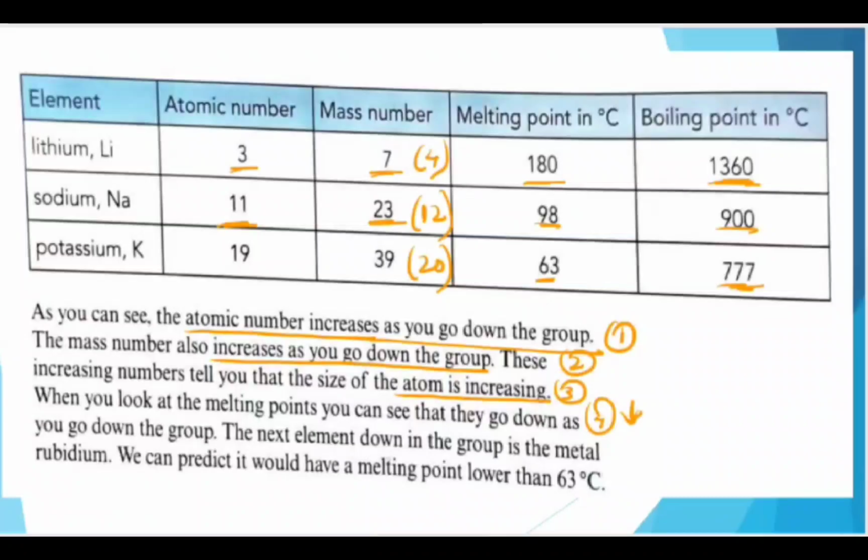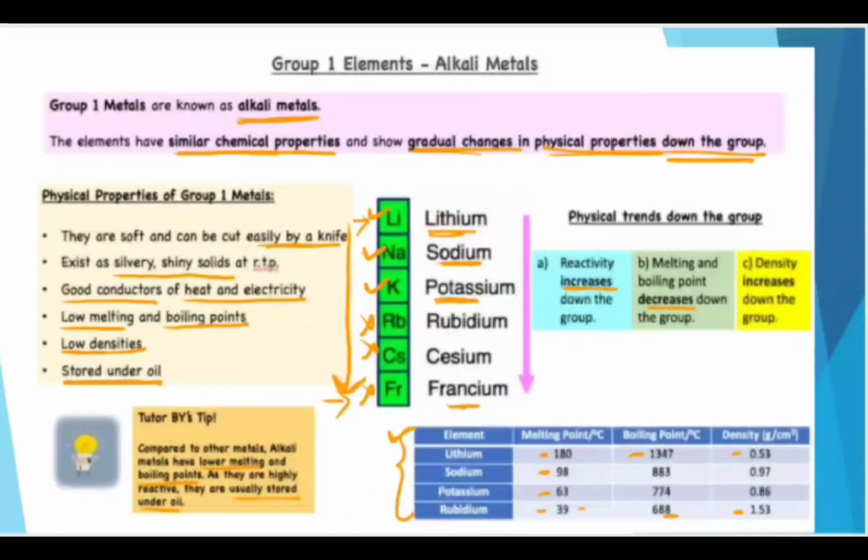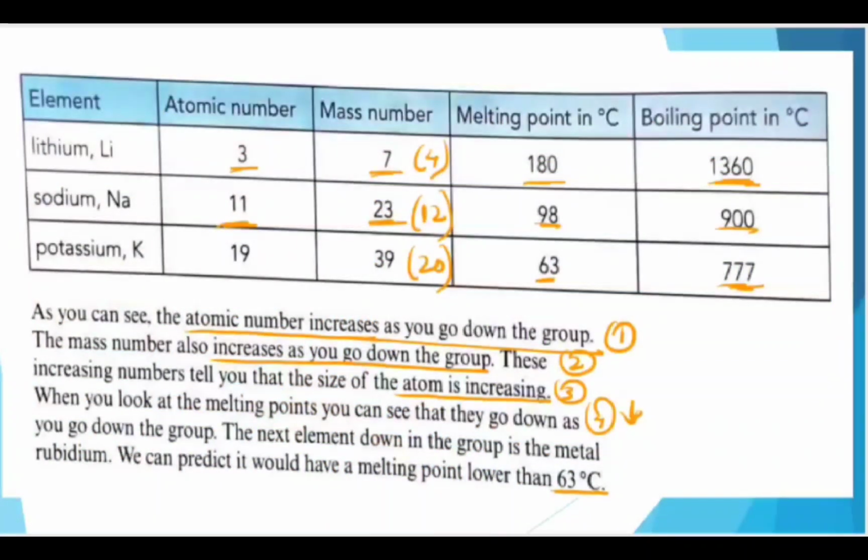The next element down in the group is the metal rubidium. We can predict it would have a melting point lower than 63 degrees. Yes, we've seen that. It has 39. Remember? Understood this much, children?